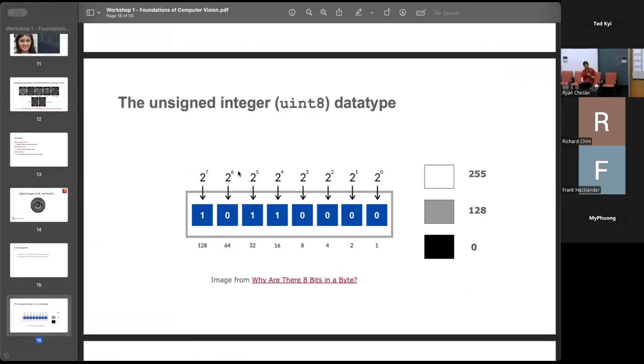The way they represent this, it fits in a single byte. So you can say this bit represents 128, and then how many of these bits are on and off represents the 0 to 255 value. So 0 is black, 255 is white.